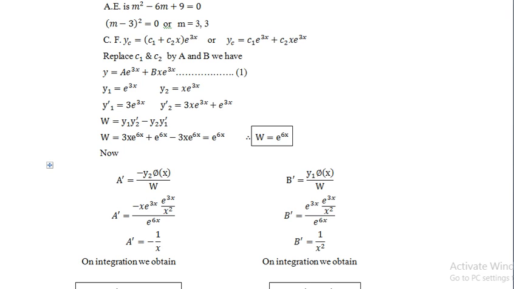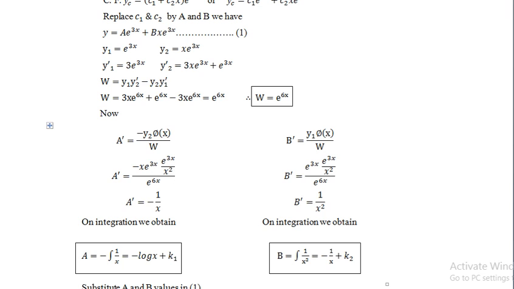So now we will integrate on both sides. So a dash is a and minus integration of 1 by x here, and integration of 1 by x is minus log x plus some arbitrary constant k1. Then similarly the b dash formula is y1 phi of x by w.